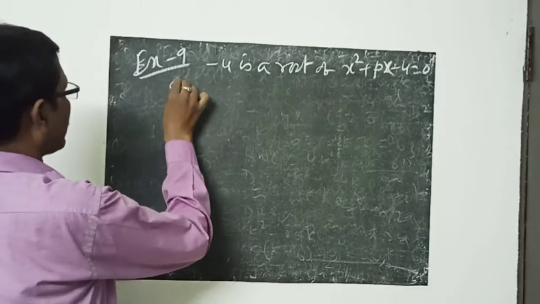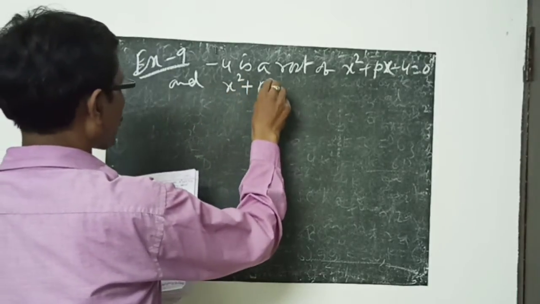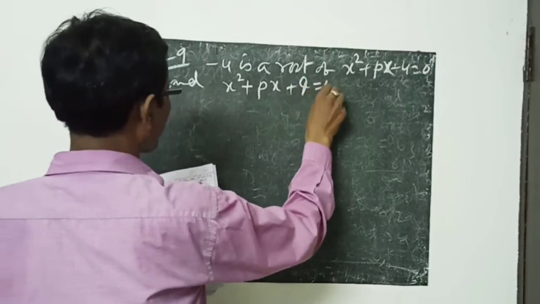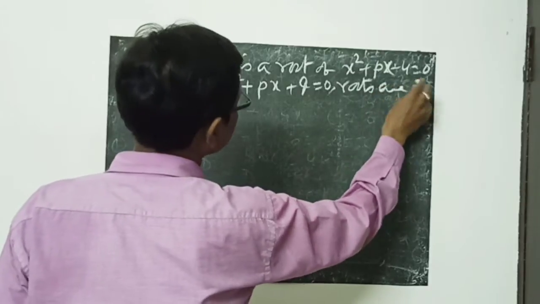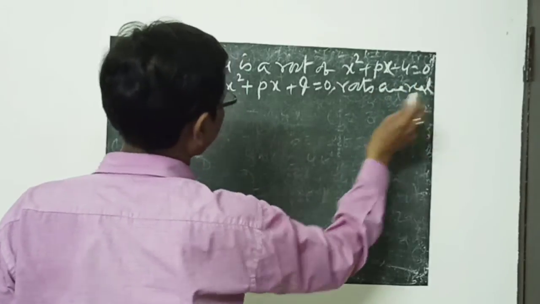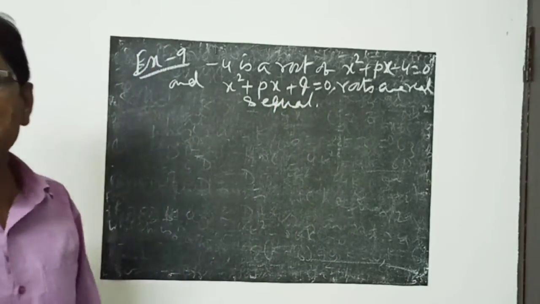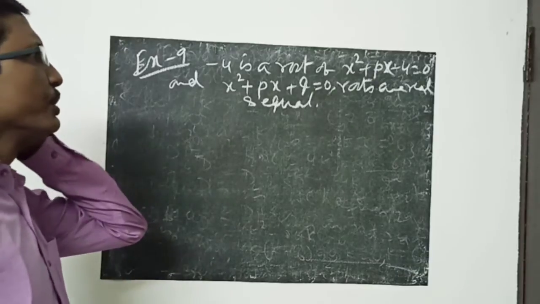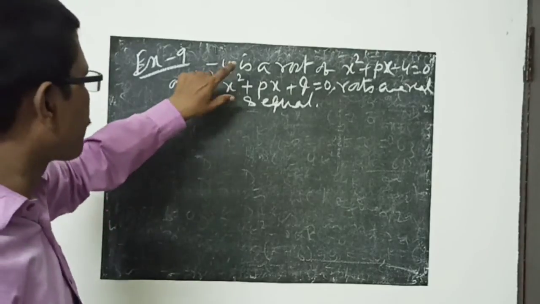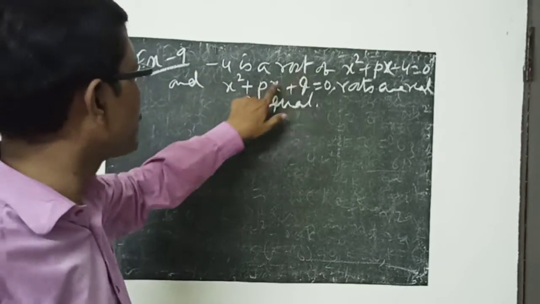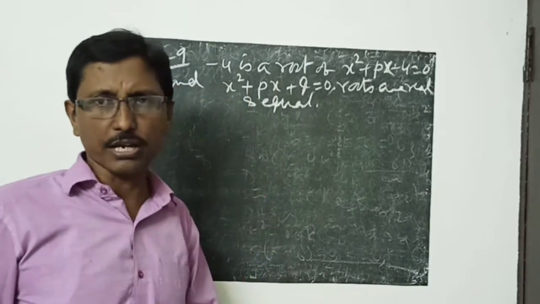And for the equation x square plus px plus q equal to 0, the roots are real and equal. Find p and q. So you have two equations. For the first equation it is given that minus 4 is the root, and for the second equation p and q both are there. For the second equation the roots are real and equal.